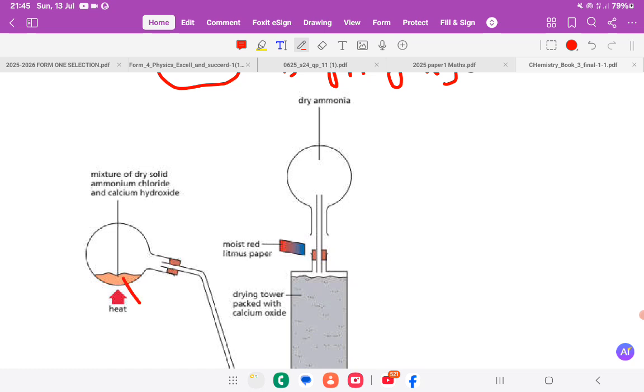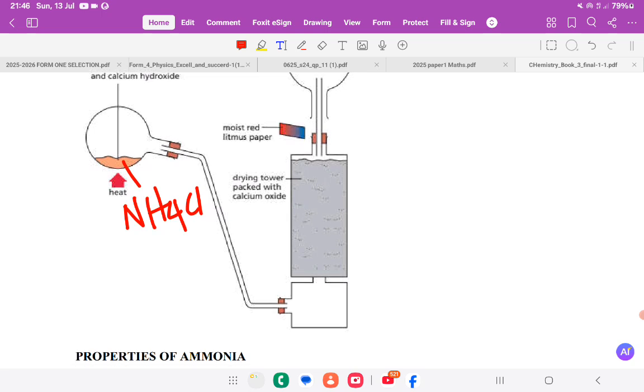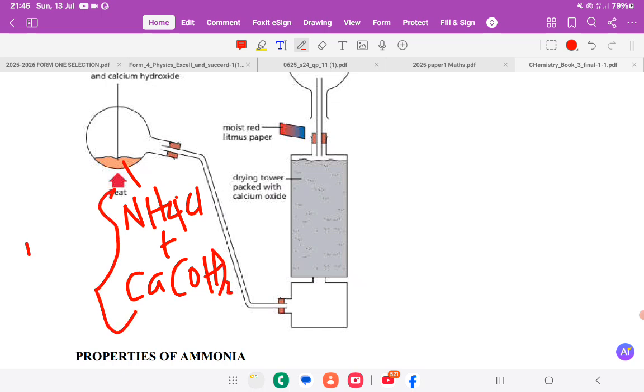This is solid ammonium chloride, NH4Cl, mixed with calcium hydroxide. Calcium hydroxide is Ca(OH)2. So these are heated together. They are heated together.